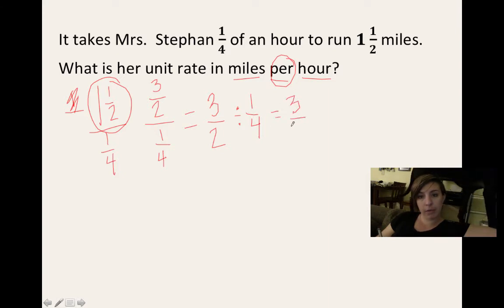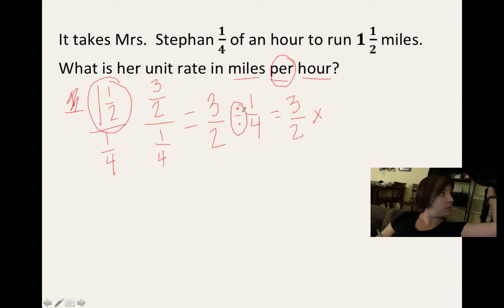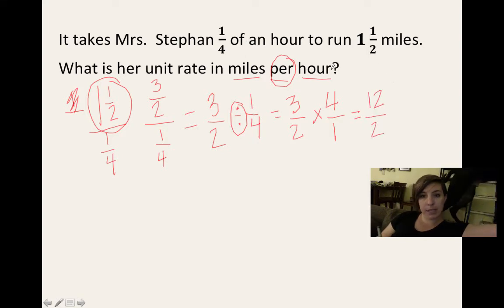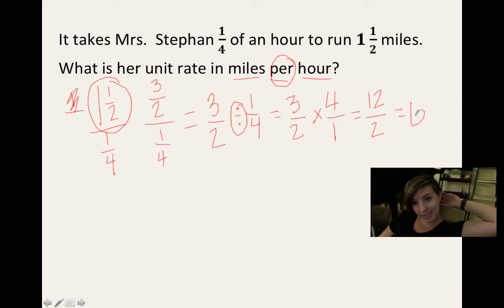We keep the first fraction. We switch our division sign to a multiplication sign, and we flip the second fraction. And now we just multiply across. 3 times 4 is 12. 2 times 1 is 2. To get our unit rate in miles per hour, we have to get our denominator down to 1, which all you have to do is divide the numerator divided by the denominator. 12 divided by 2 is 6.